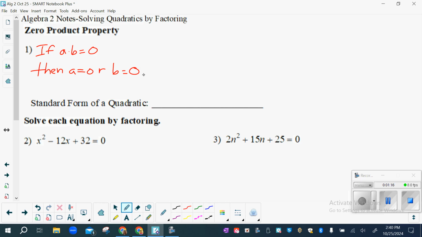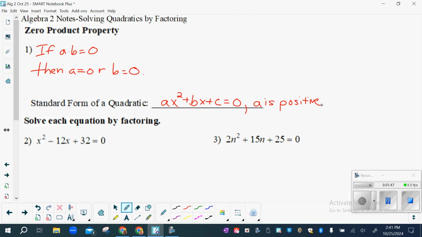So standard form of a quadratic is ax squared plus bx plus c equals 0, and a is positive. What do we notice about the order of the exponents here?